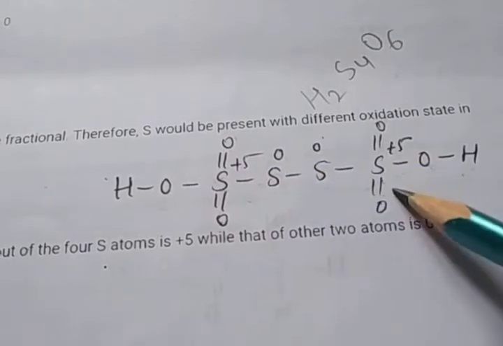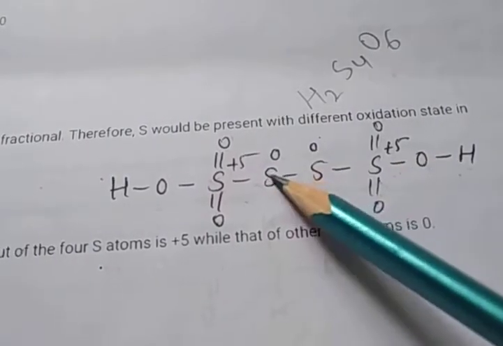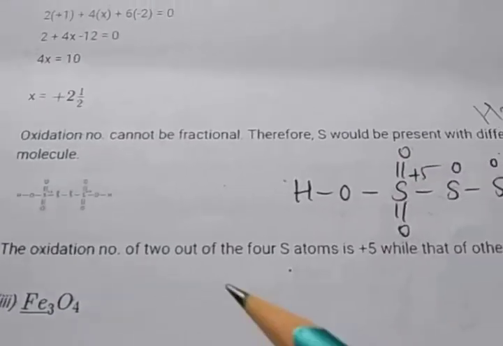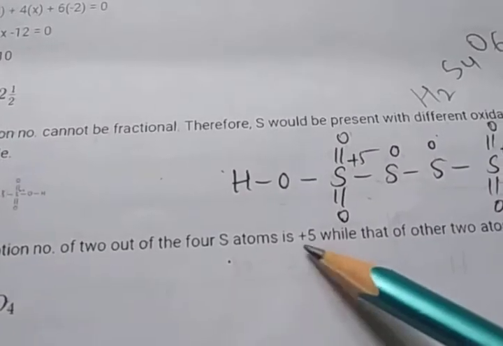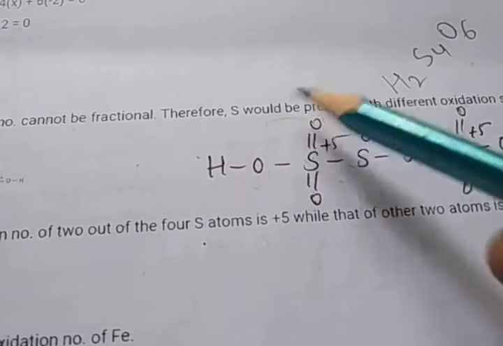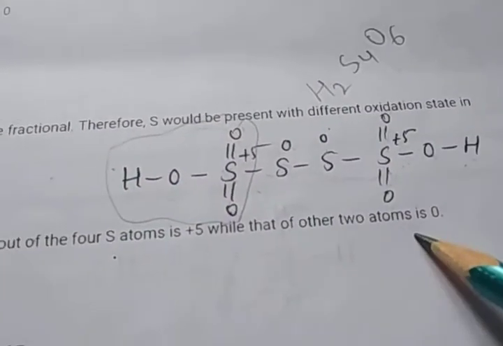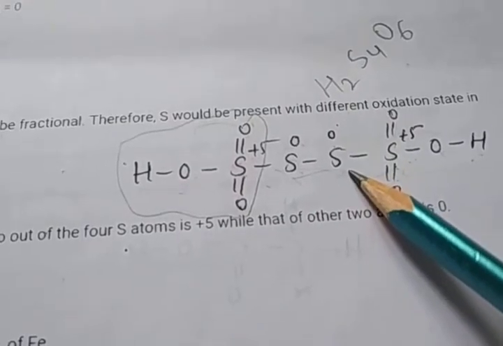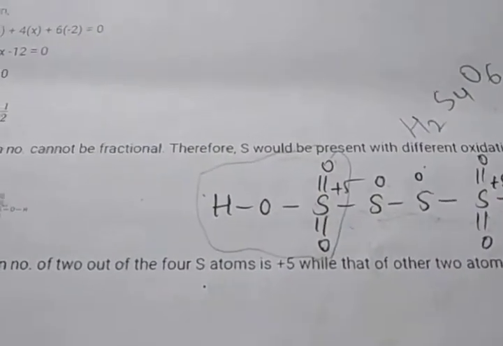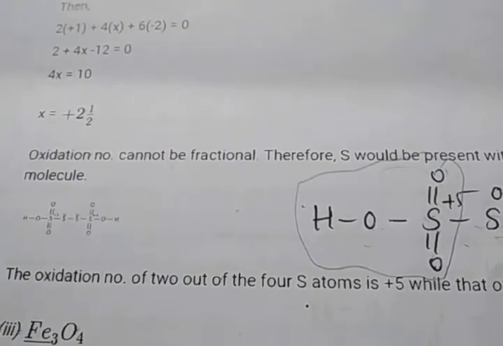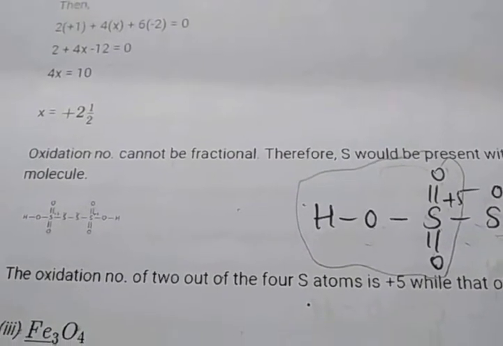So this sulfur is also plus 5, and both other sulfur have 0. So the oxidation number of 2 out of 4 sulfur atoms is plus 5, and that of the other 2 sulfur atoms is 0. Clear? So fractional oxidation number can't be possible. The structures are different, and then we have to find the oxidation number.